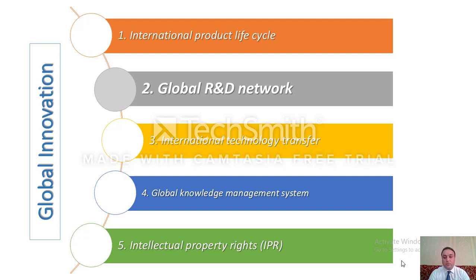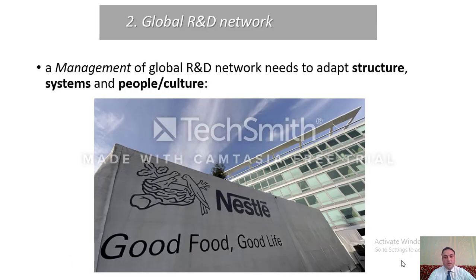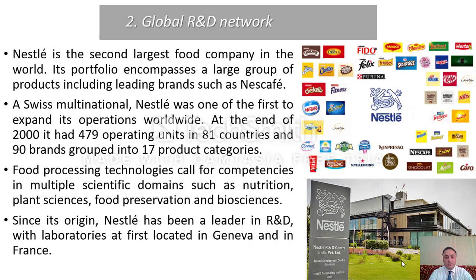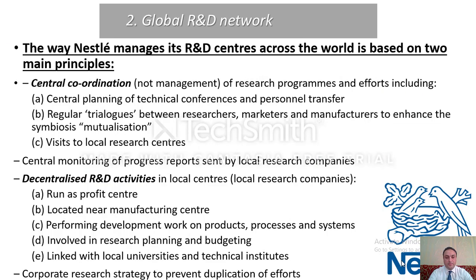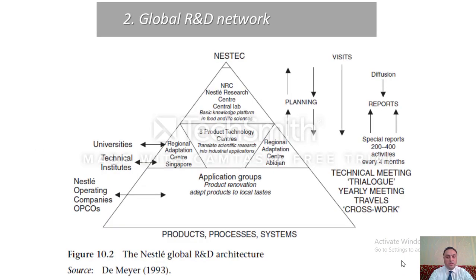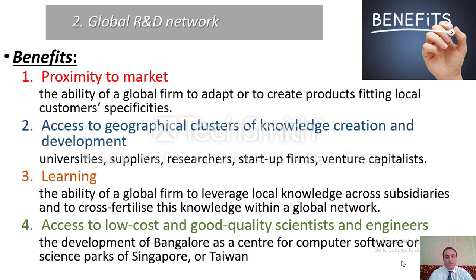And then we moved to the second and important approach in our study, the global research and development network, which is the approach that most global companies use these days for their global expansion in new markets, especially companies that depend on research and development and innovation in their industries. We talked about an example of a global company like Nestle in the nutrition industry, the benefits and the lessons learned from this strategy that Nestle takes in research and development networks.